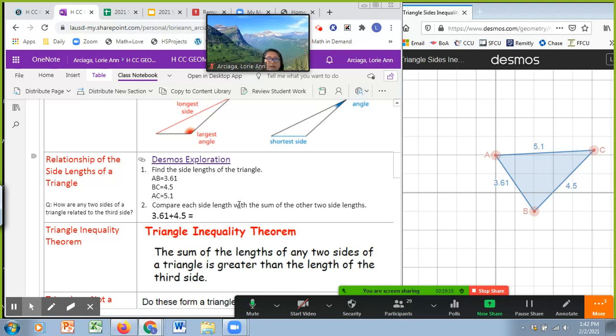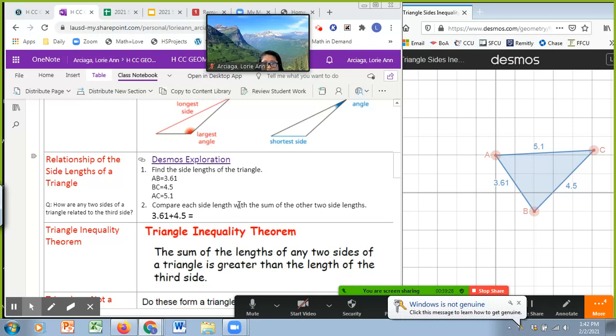Go ahead and add your values as well. Mine is 8.11.